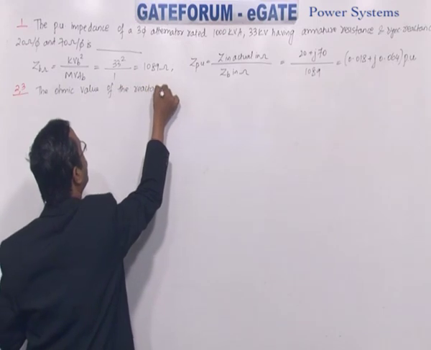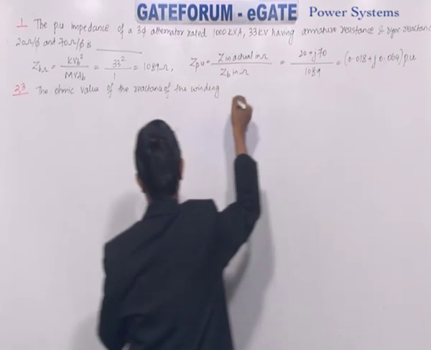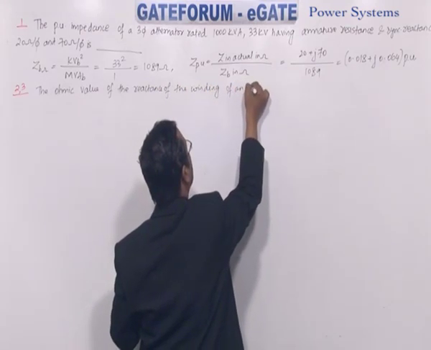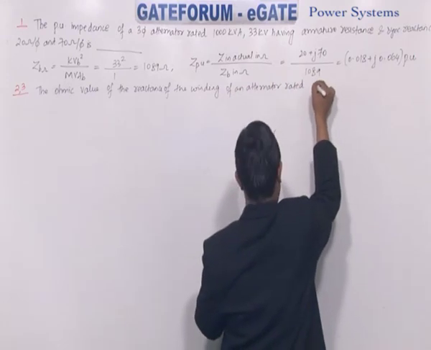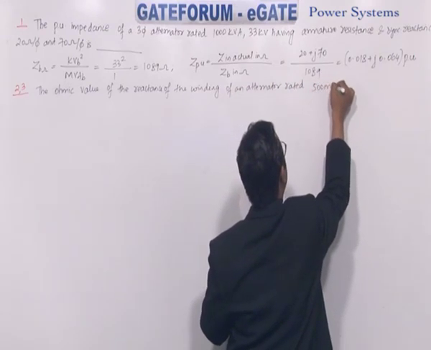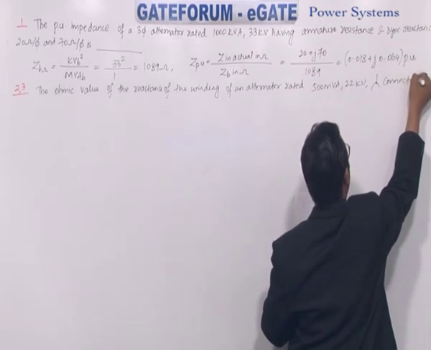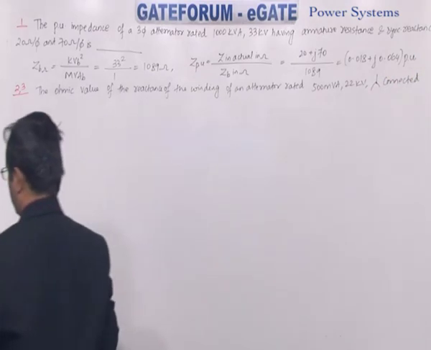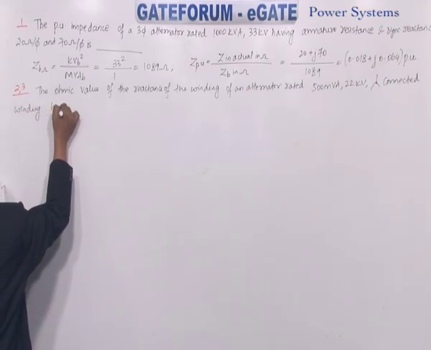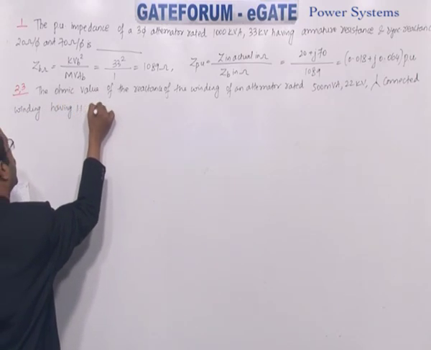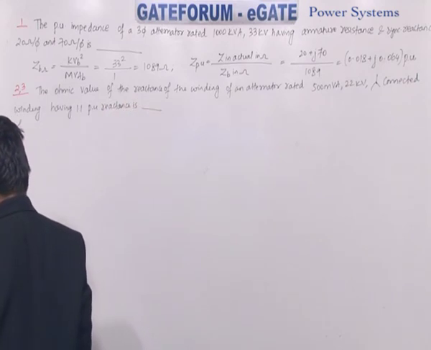The ohmic value of the reactance of the winding of an alternator rated 500 MVA, 22 kV star connected winding having 1.1 per unit reactance is.